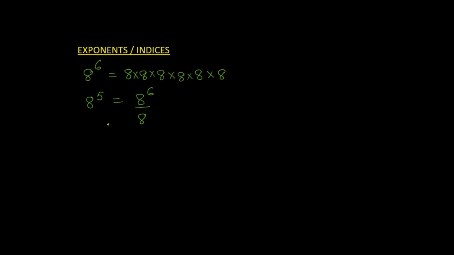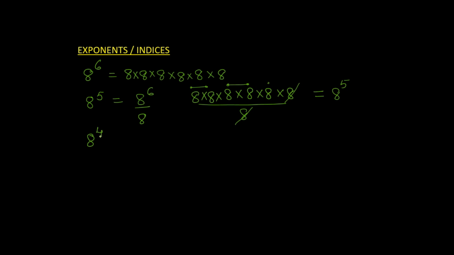Let us see whether whatever we have done is right. 8 to the power 6 is 8 multiplied 6 times, and we are dividing this by 8. The common factor 8 and 8 cancels out, and how many 8s are we left with? 1, 2, 3, 4 and 5. So it is nothing but 8 raised to the power 5. Okay, so this is correct.